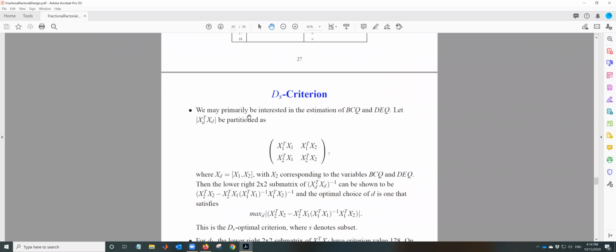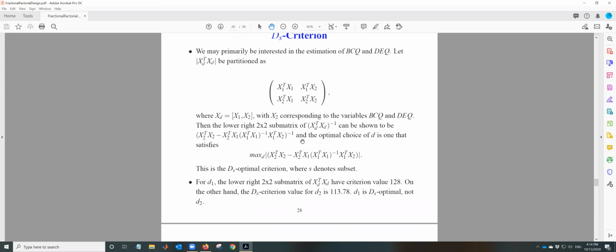However, we may primarily be interested in the BCQ and DEQ. Then XD transpose X will be partitioned into submatrices. So this part X2 corresponds to BCQ DEQ only. Then instead of maximizing this matrix, we are trying to maximize the lower right 2x2 submatrix inverse, which can be shown as this, okay?